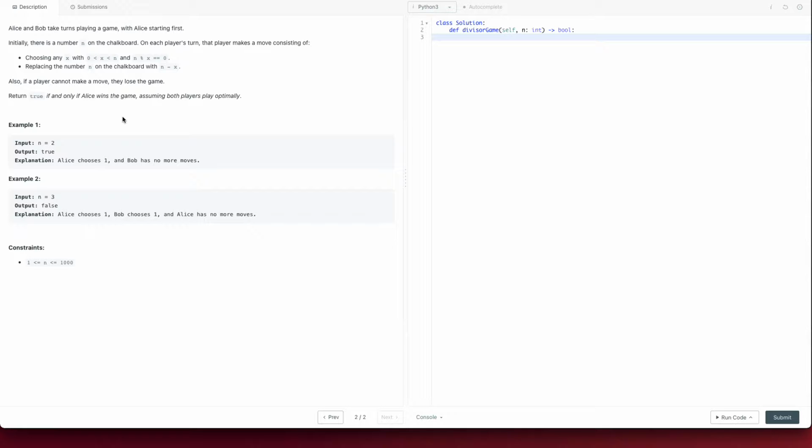Play optimally. How do you even play optimally here? Suppose N was 100.